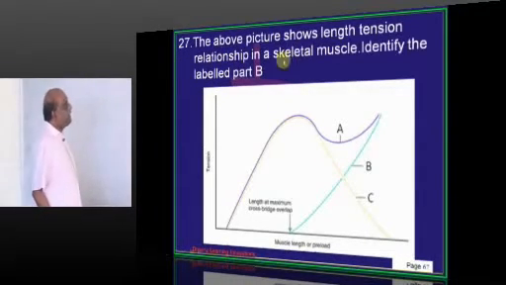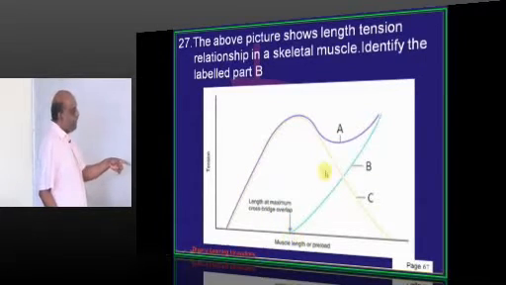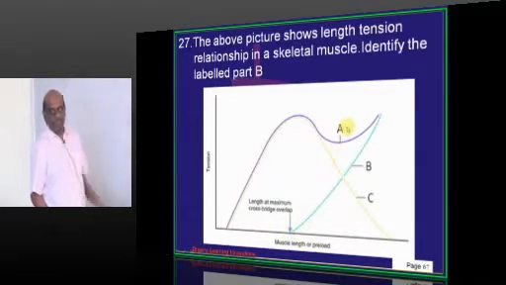Now, in this length tension relationship, what is this B? Typically the length is maximum, length at maximum cross bridge overlap is the point at which this graph is taking up.